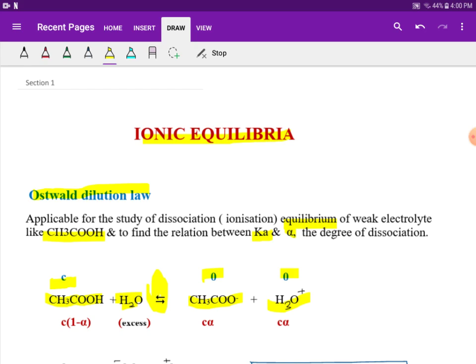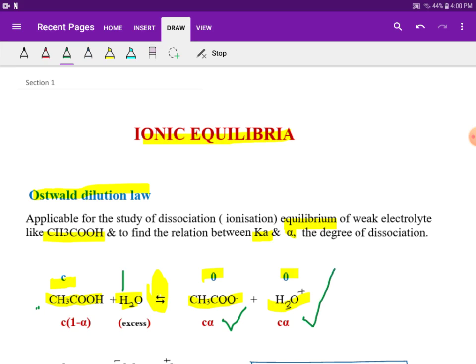what is actually happening is that acetic acid is a weak electrolyte. A small amount of acetic acid undergoes ionization or dissociation in water to give a small amount of acetate ion and hydronium ion.